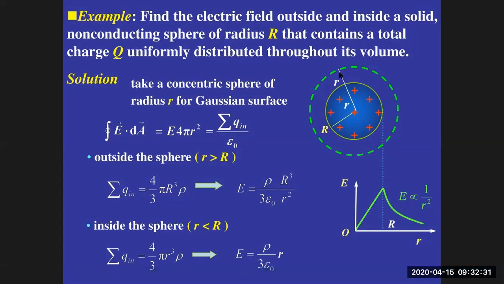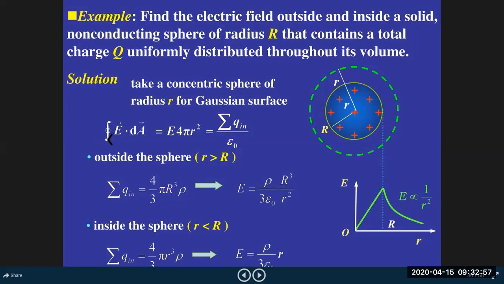For that, first of all, we have to find the electric flux through the Gaussian surface. If you take an elementary surface area dA on this Gaussian surface, then the flux linked through this surface area is E dot dA. Therefore the total flux through this entire Gaussian surface is obtained by integrating E dot dA.